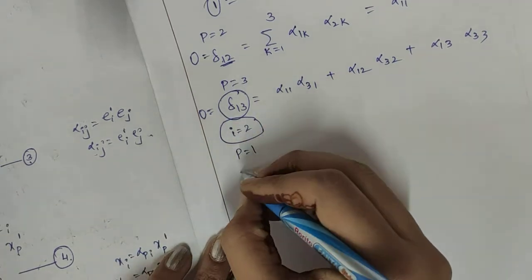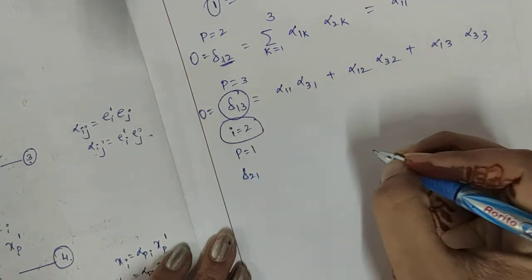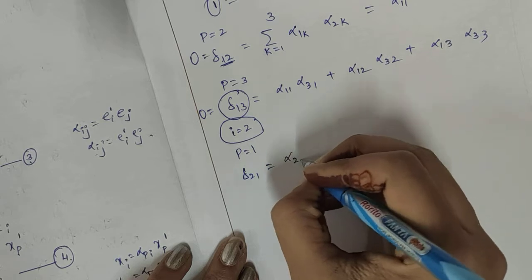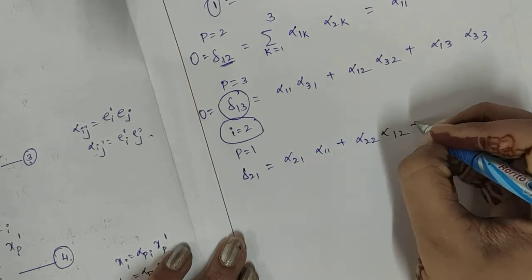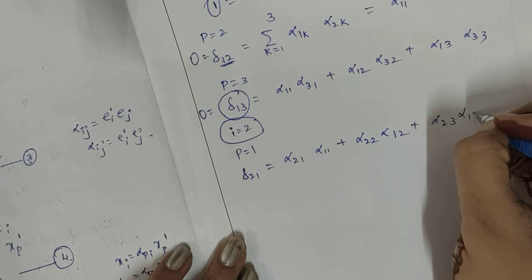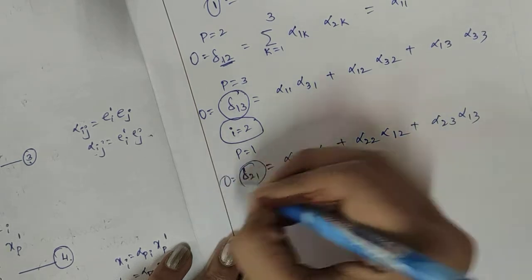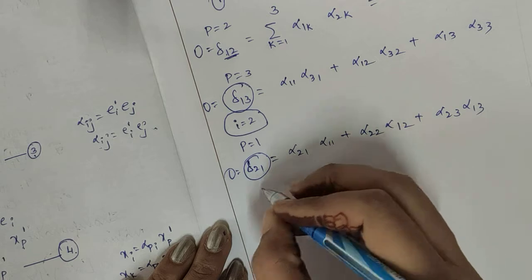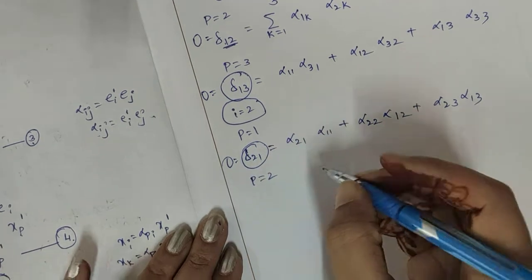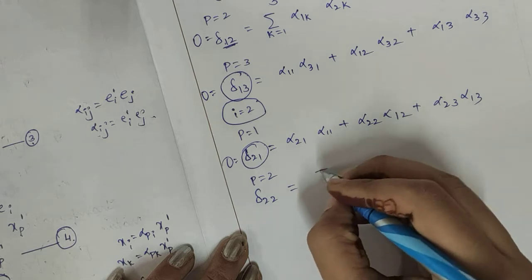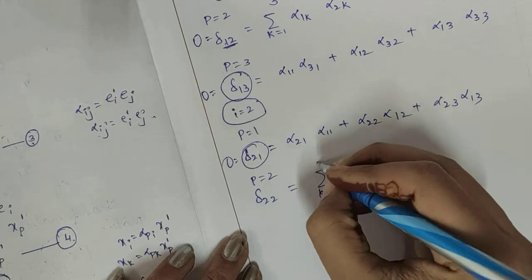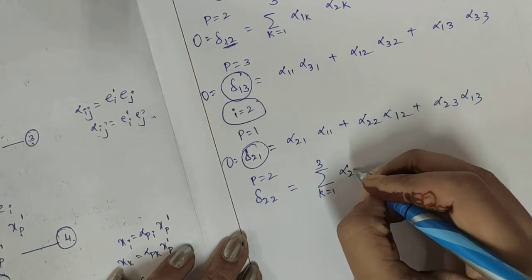When p is equal to 1, you will be getting delta 2 1 is equal to alpha 2 1 alpha 1 1 plus alpha 2 2 alpha 1 2 plus alpha 2 3 alpha 1 3. This is 0, right? Similarly, when p is equal to 2, you will be getting delta 2 2, and here you will get summation k is equal to 1 to 3 alpha 2k square.